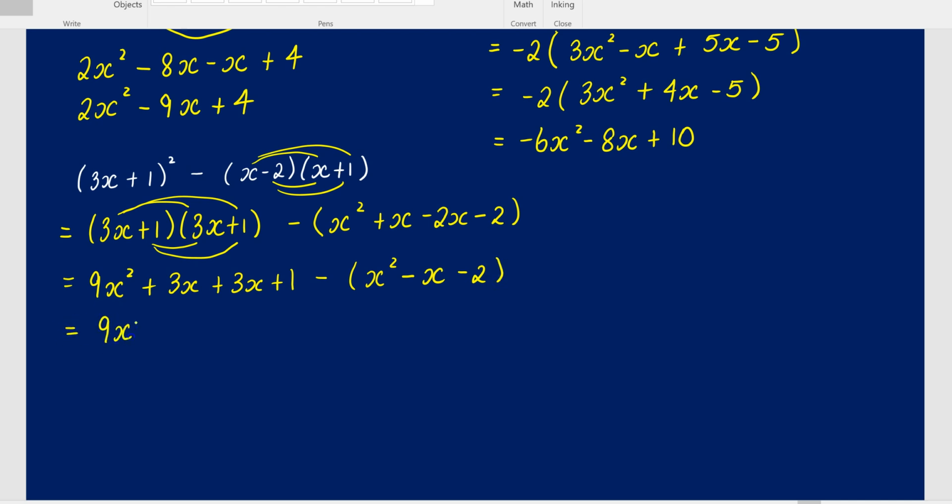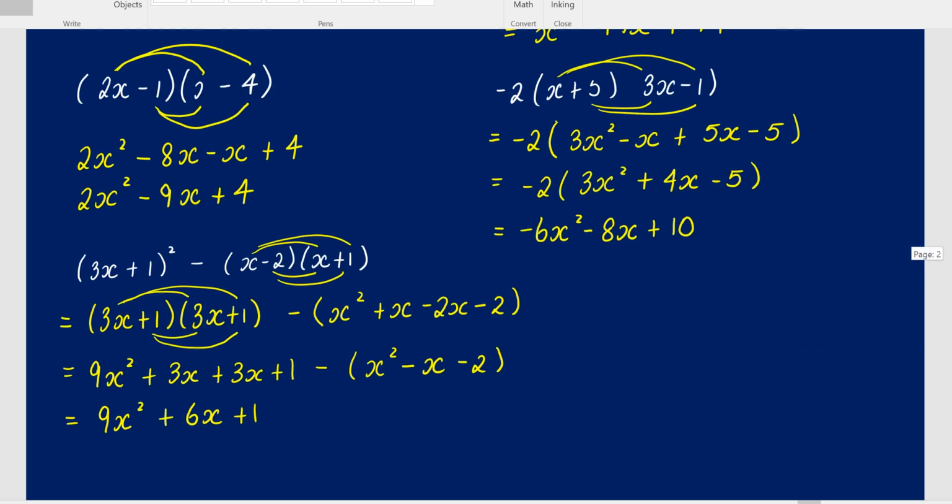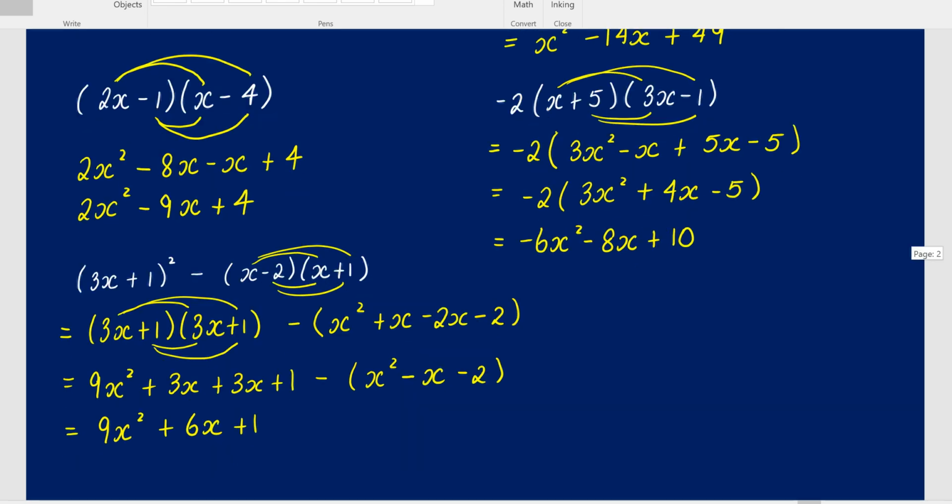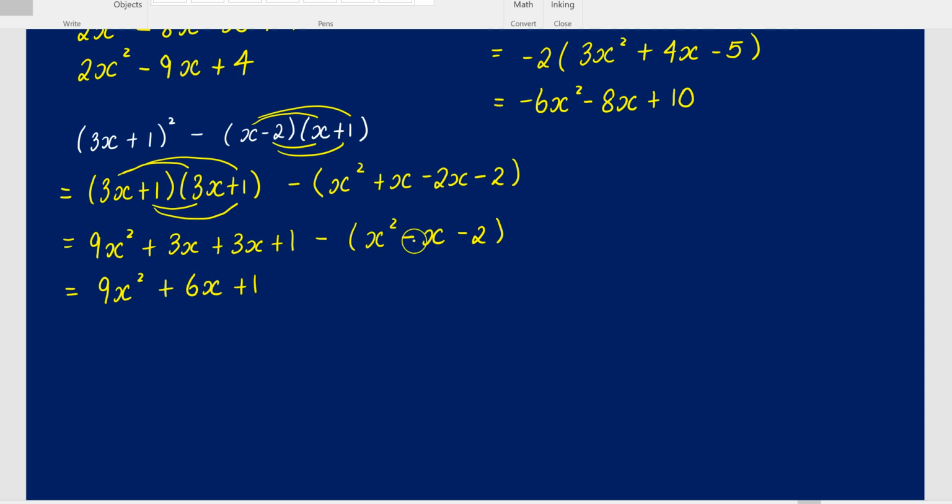Let's start gathering our like terms. 9x squared, 3x plus 3x is 6x. Still got the plus 1. Now what are we going to do here? Before, when we had something in front of the bracket, we were quite happy, we just multiplied everything through by 2. But what's going on here? Well, technically, there's a negative 1 there. So minus 1 times x squared is minus x squared.